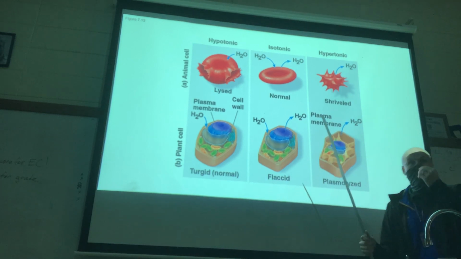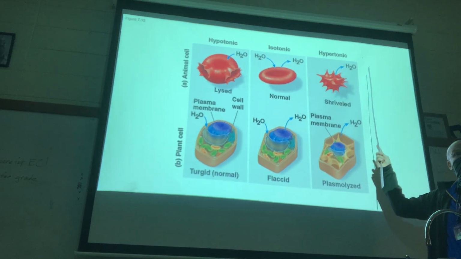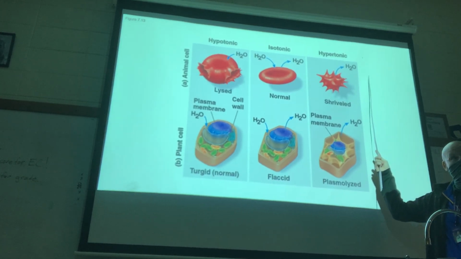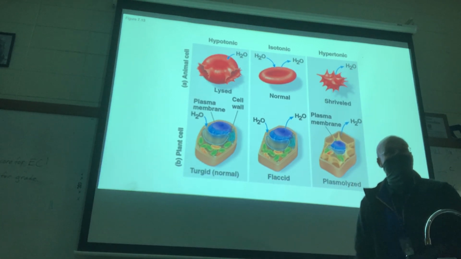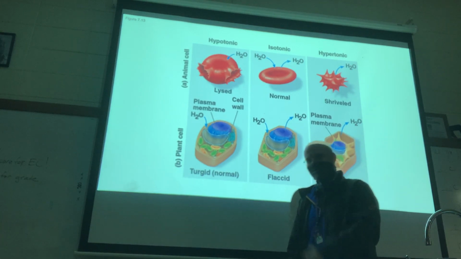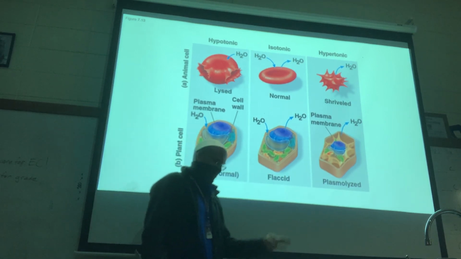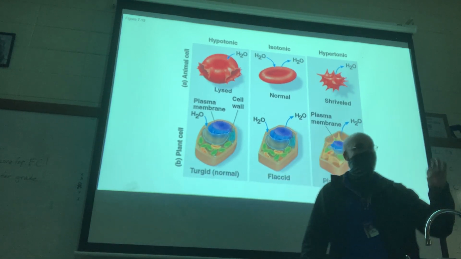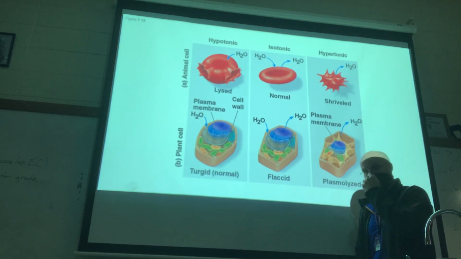Now, what is high? The concentration of solute outside the cell. There's a lower concentration of water, which means a low concentration of water. So hypertonic means high solute concentration outside the cell.